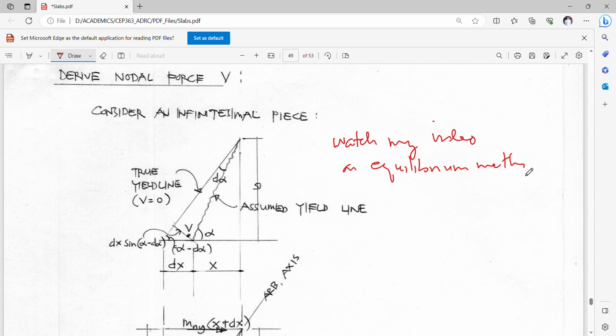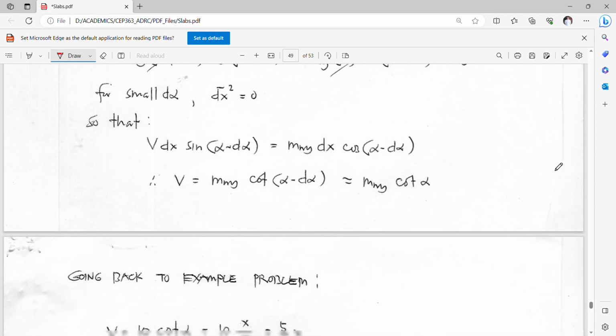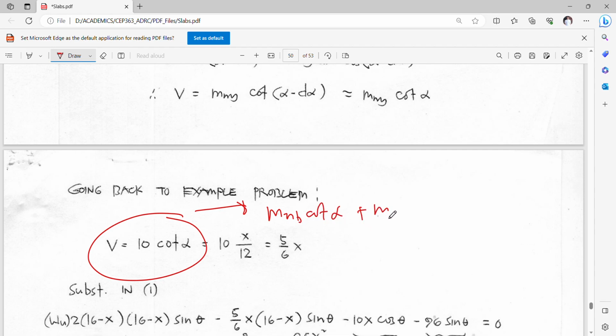I'd like to show you that the final solution will only be obtained by using the formula mn b cotangent of alpha plus mn.